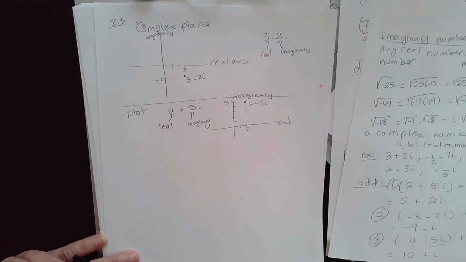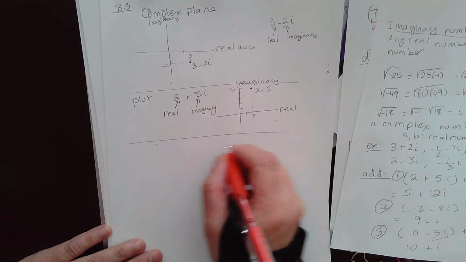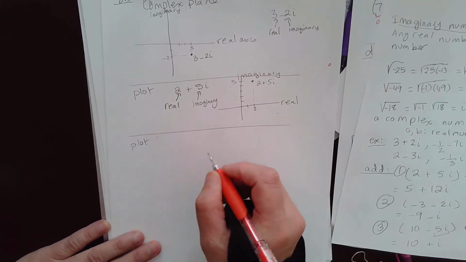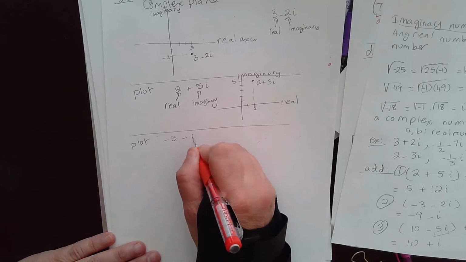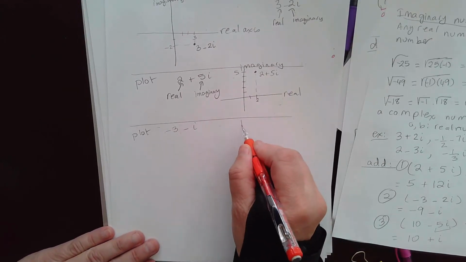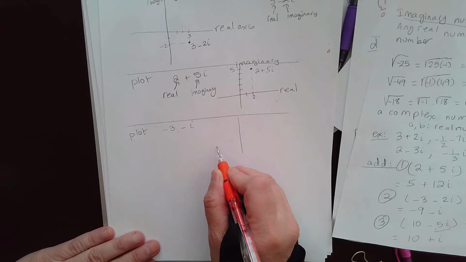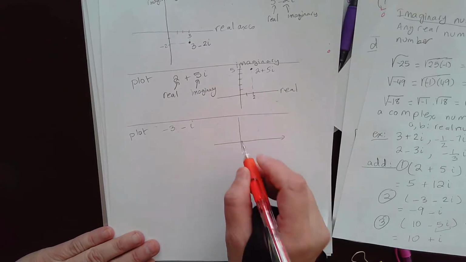Okay, so you can go on and plot other points as well. Let's do one more here. How would you plot that? So go ahead and stop the recording and you can go ahead and do this.